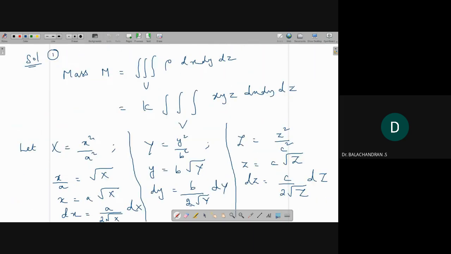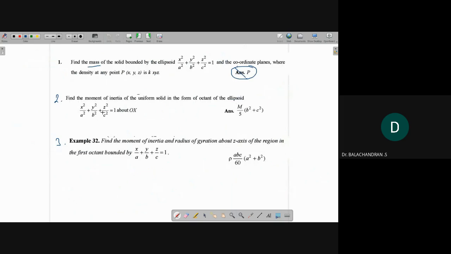Okay, what is the formula for the second problem? Moment of inertia about the x-axis. What is the formula?